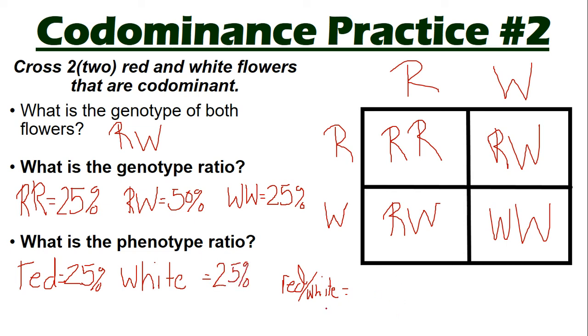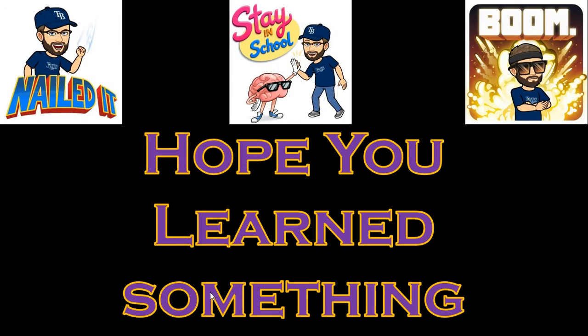And the last one, to be red and white, you have to be RW, and there's 2 boxes of that. That's 50%. So if I asked the question, what is the probability of these flowers producing a white flower, you would say 25% probability. And that is about codominance Punnett squares and how they work and how it affects everything.